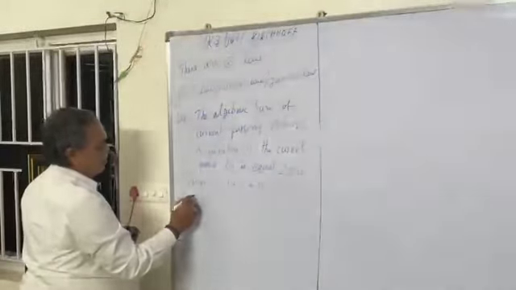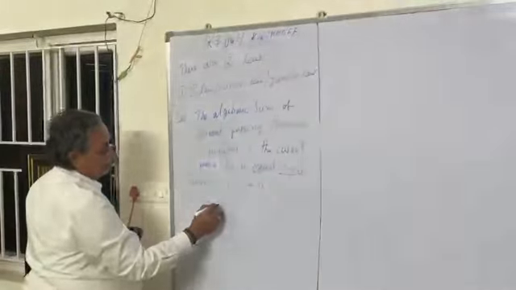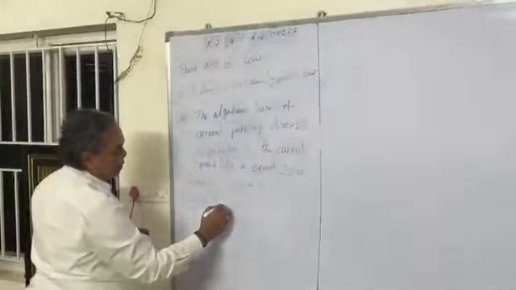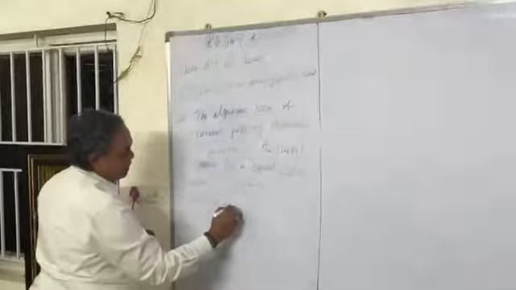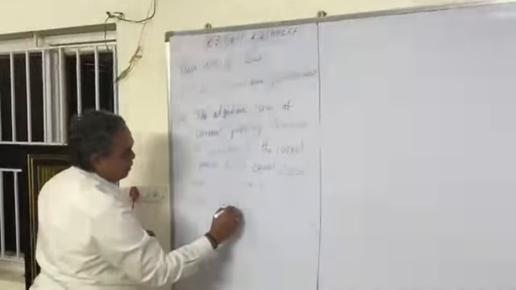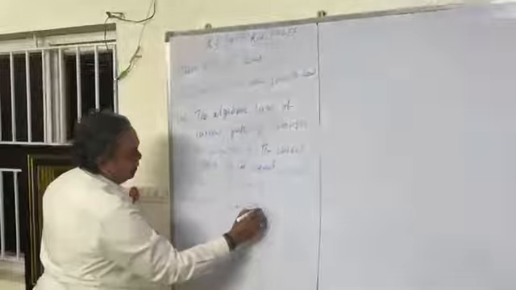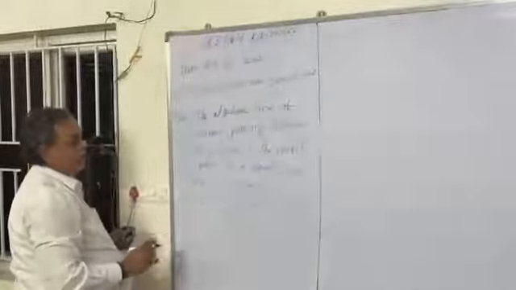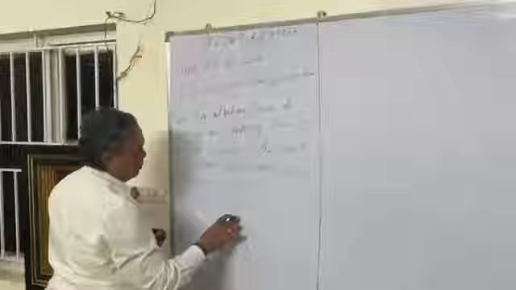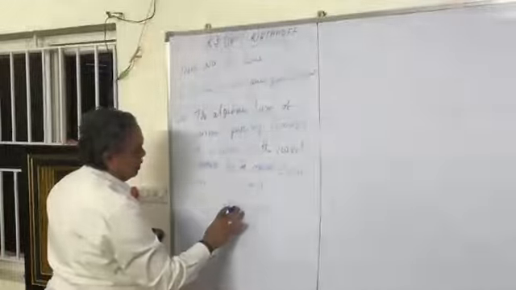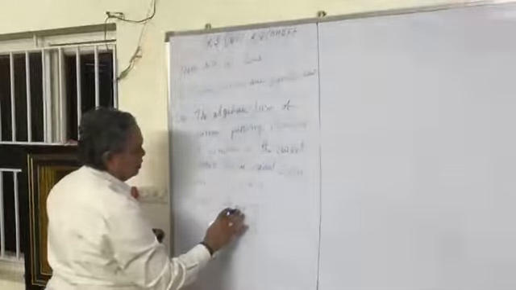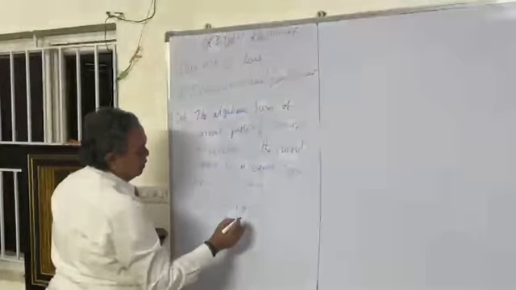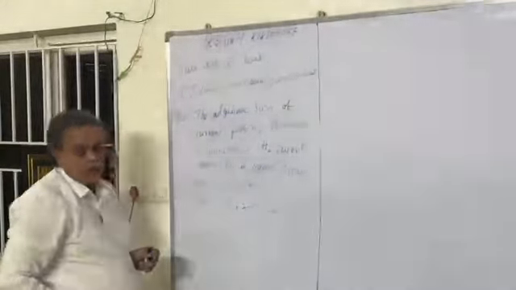The algebraic sum is plus 1, minus 1, plus 2, minus 3, and so on, equal to 0. That is an algebraic sum. Here also, minus 2, plus 3. This is the algebraic sum.